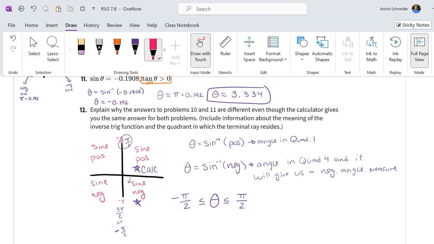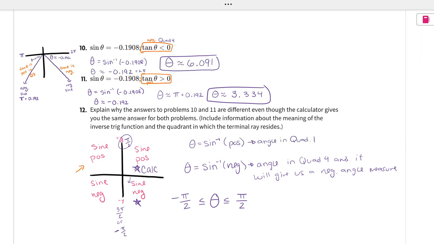So our calculator won't give us an angle in quadrant 2 or quadrant 3.